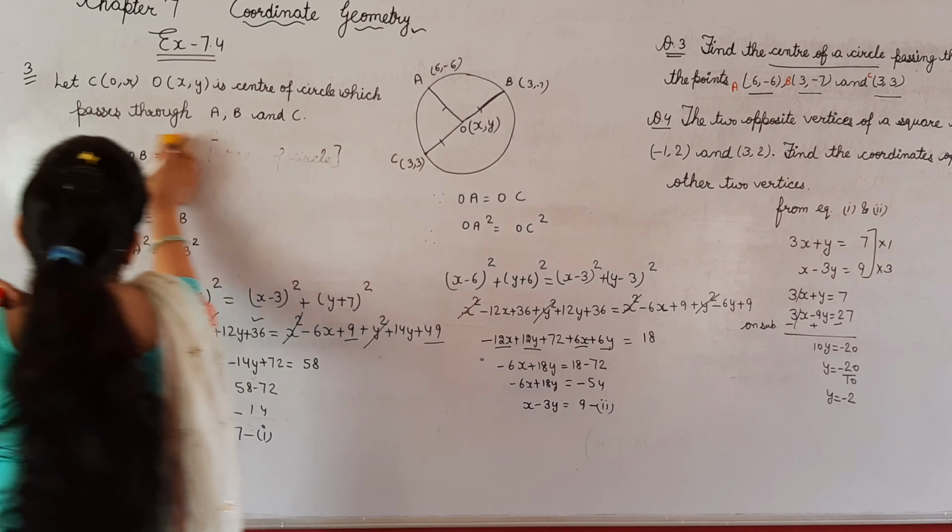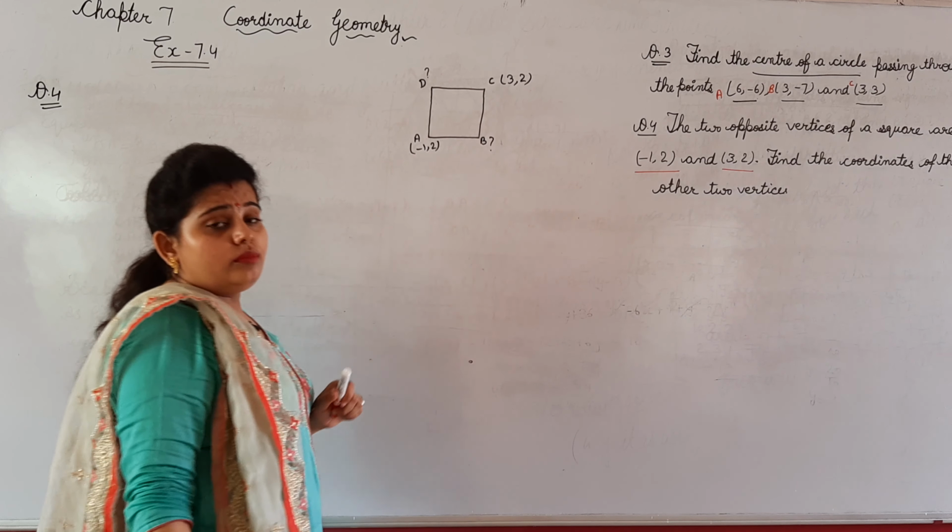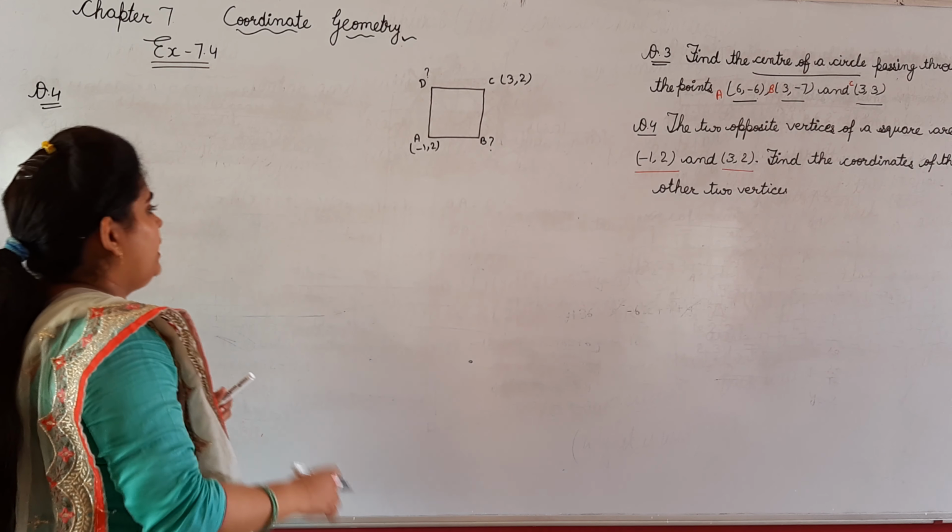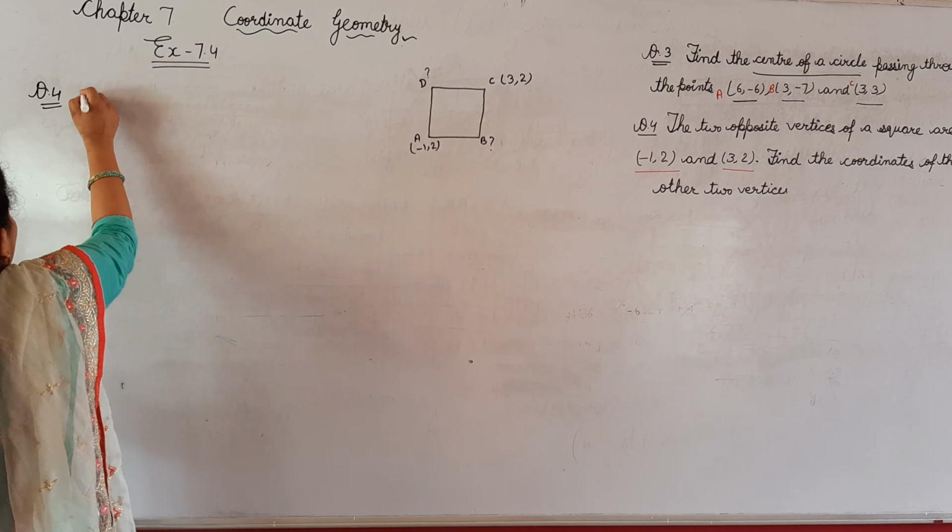Now we have to find vertices of B and vertices of D. How we will find? Let first of all A, B, C, D be the given square where A is (-1, 2) and C is (3, 2).